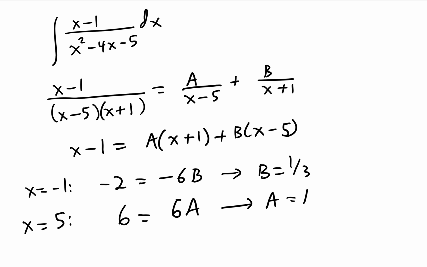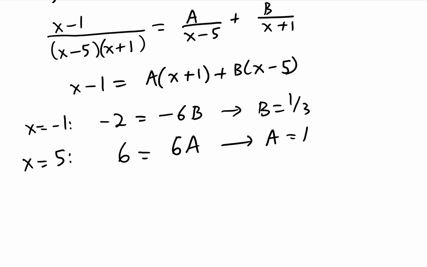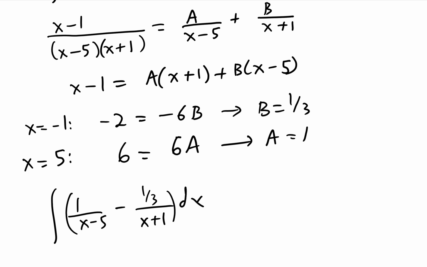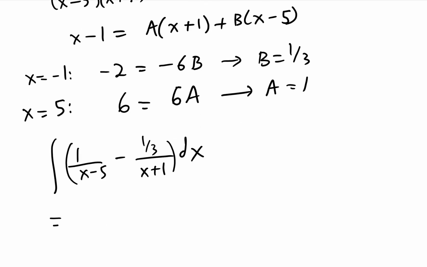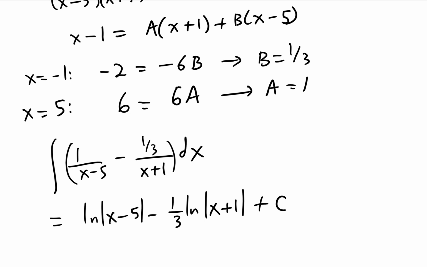Then that integral becomes a over x minus 5, b over x plus 1, dx. And that would give me natural log of the absolute value of x minus 5, plus b times natural log of the absolute value of x plus 1, plus c.